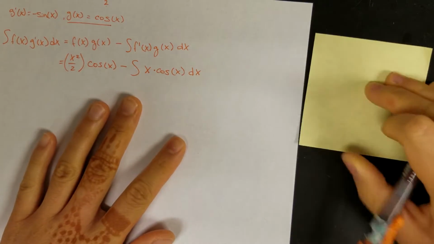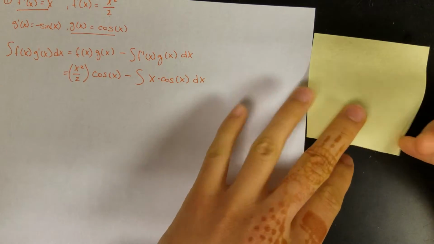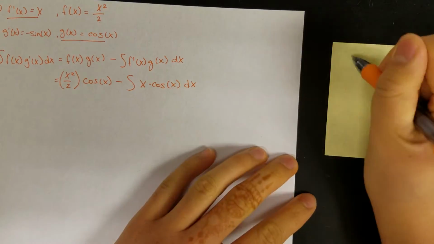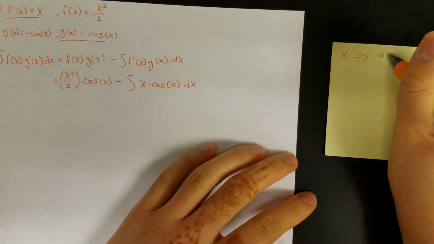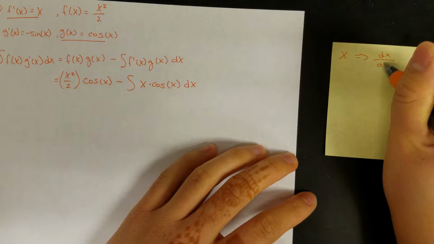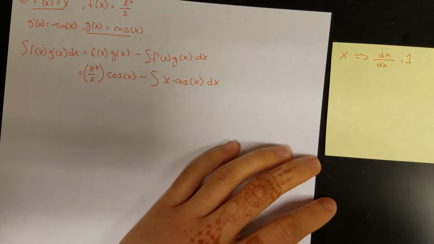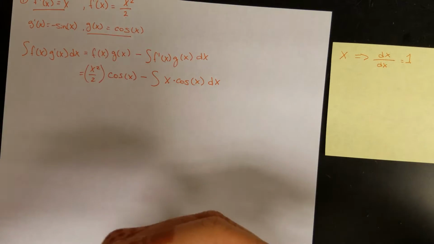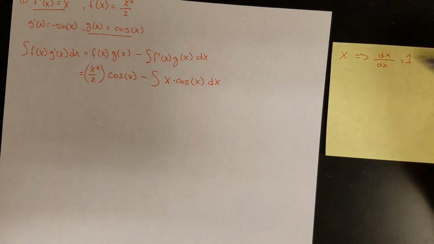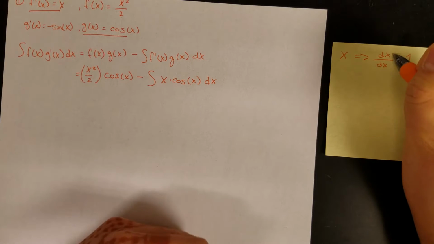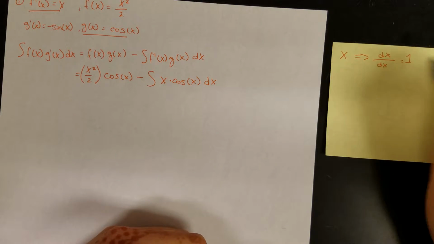So if we look at x, the derivative of x is equal to 1. And that's following the polynomial rule, because x can be thought of as x to the power of 1. If you bring down 1 and make it x to the power of 0, that's 1 times 1, so that's equal to 1.